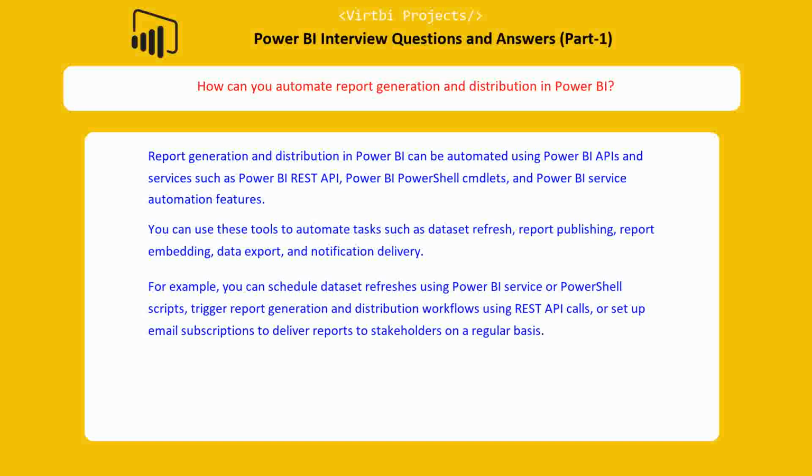You can use these tools to automate tasks such as dataset refresh, report publishing, report embedding, data export, and notification delivery. For example, you can schedule dataset refreshes using Power BI Service or PowerShell scripts, trigger report generation and distribution workflows using REST API calls, or set up email subscriptions to deliver reports to stakeholders on a regular basis.